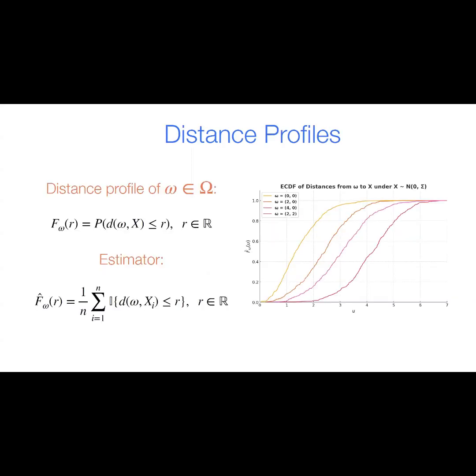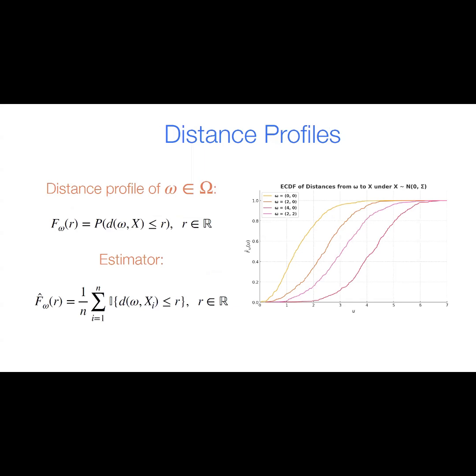Okay, distance profiles. These are very simple things. The distance profile of a point omega in your big space omega is just the distribution of distances around omega as dictated by the data.